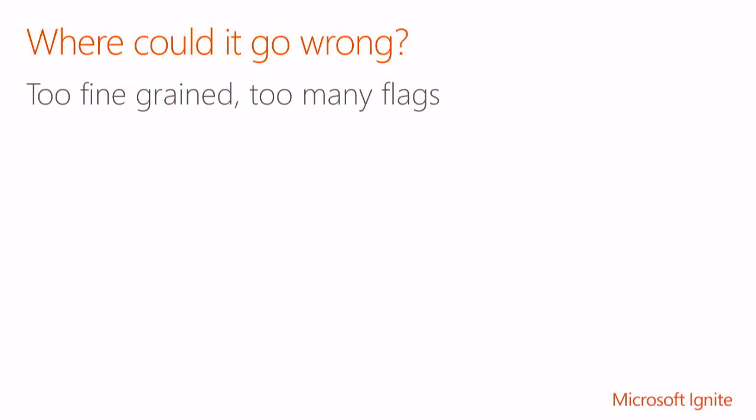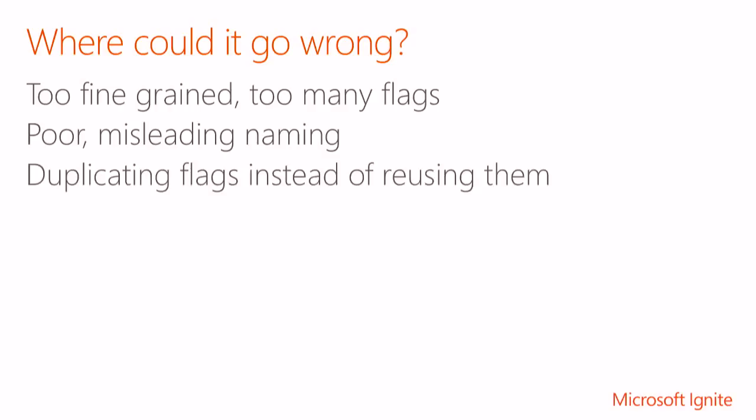Too fine-grained, too many flags, it gets confusing. Remember, part of our technical debt is cognitive load, too much to think about. So therefore, we have issues. Naming issues again. We have a flag named Joe because Joe the developer wrote a flag. You think I'm joking. We duplicate flags instead of reusing them.